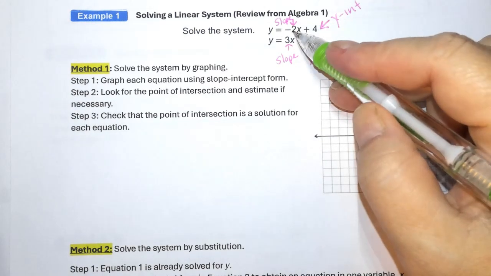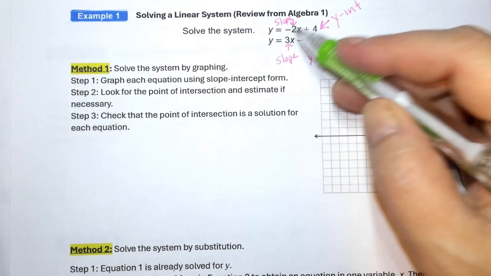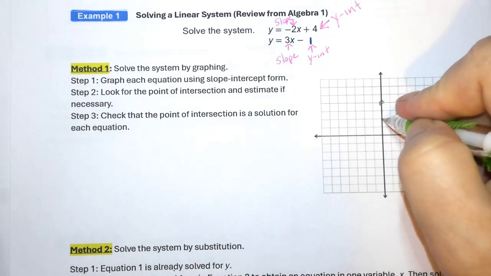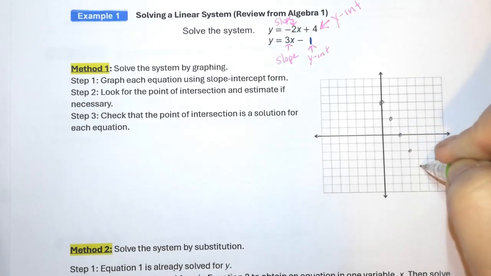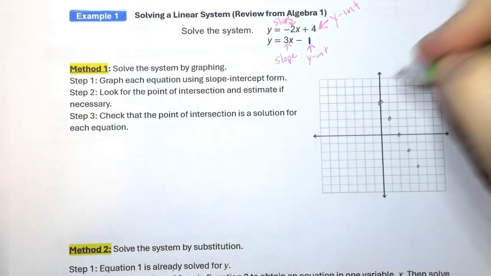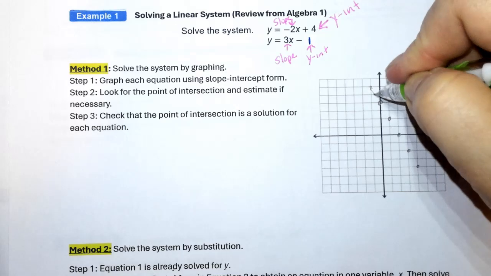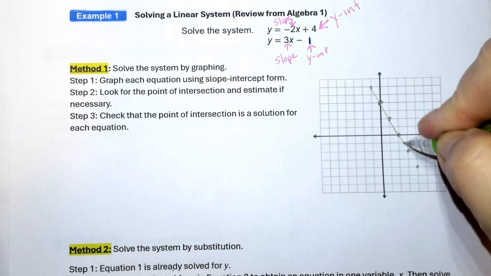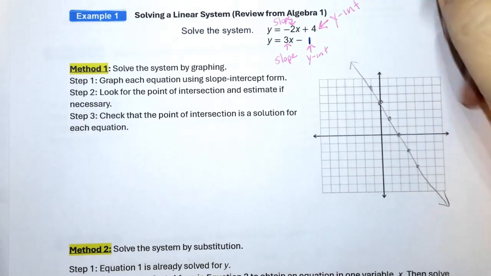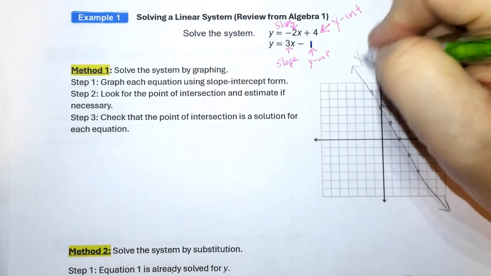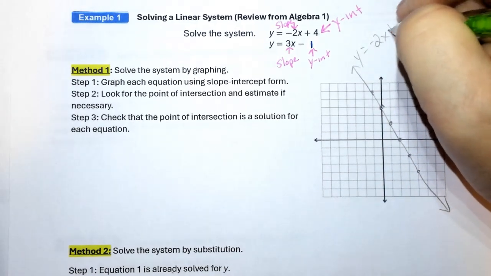Then we're going to use our slope to find the next point. It is negative, so we're going down. So 2 over 1, 2 over 1, and so forth. So this is the equation y equals negative 2x plus 4.